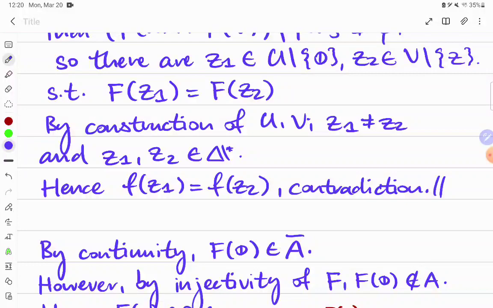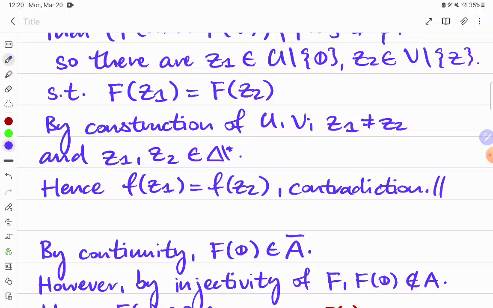Why is this? This is because we have the idea that the conformal map exists from the punctured unit disk to the annulus. Now, if 0 gets mapped to a certain point, then we also know the inverse image of any point in the annulus corresponds to a point in the punctured disk other than 0.